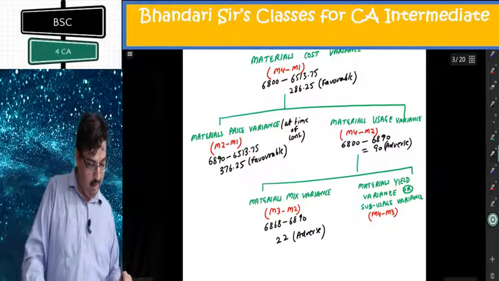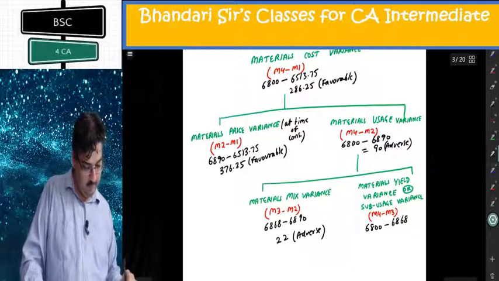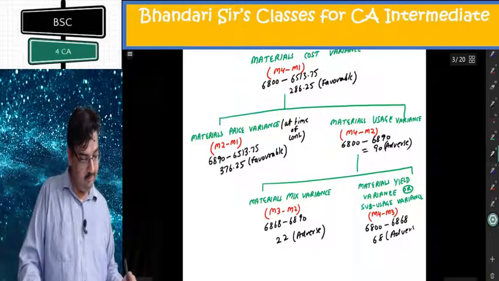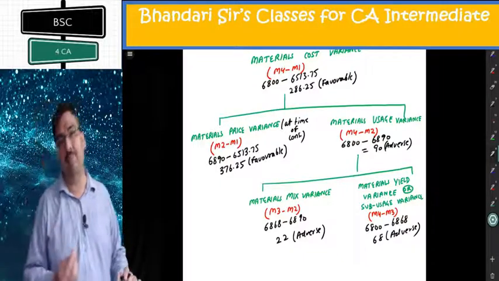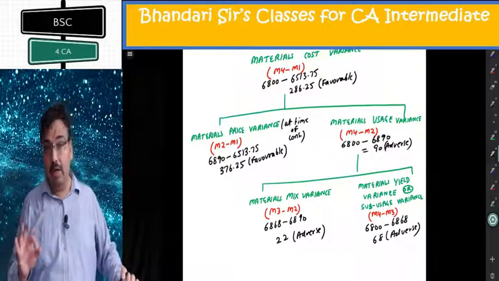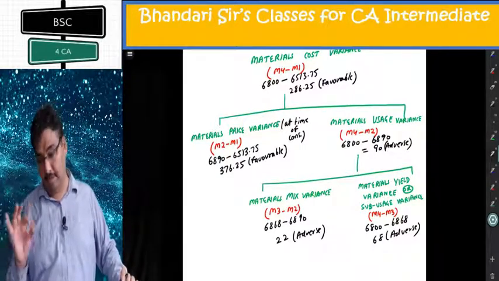And M4 minus M3, this is 68 adverse. This is a better question, an 8 marks question from the exam angle. It carries a concept of raw material stock treatment in standard costing. This was complete C.